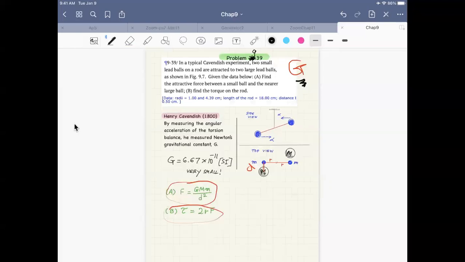It's the problem from chapter 9, problem 39. The measurement of g was first done by Henry Cavendish in 1800. He was a British aristocrat and became a famous scientist, really. This was one of his great achievements, to measure g.